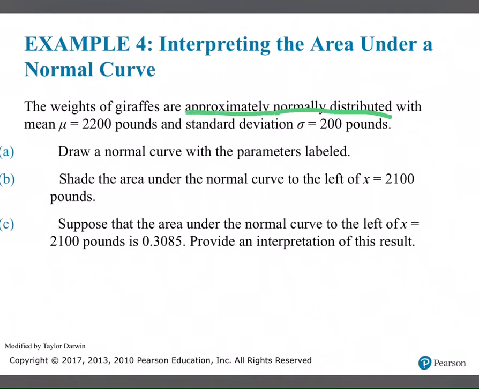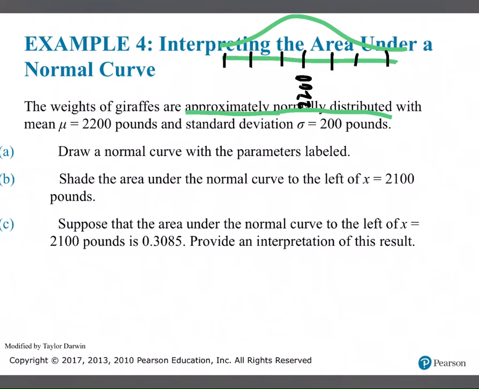Which means that, let's see here, I'm going to do this up here. Which means that the mean is in the middle. I'm going to do these sideways to try to fit them all. And I'm going to go 3 standard deviations to the right and 3 standard deviations to the left, if my iPad allows me to.